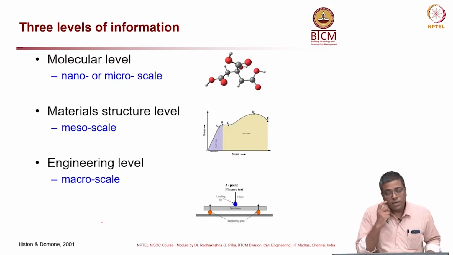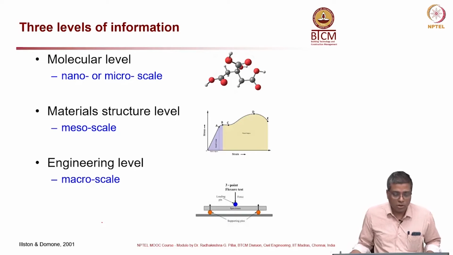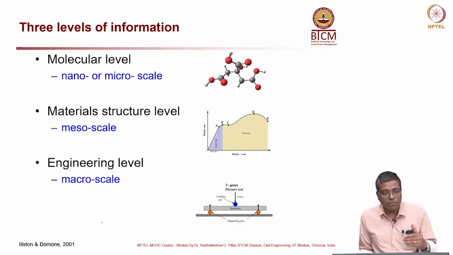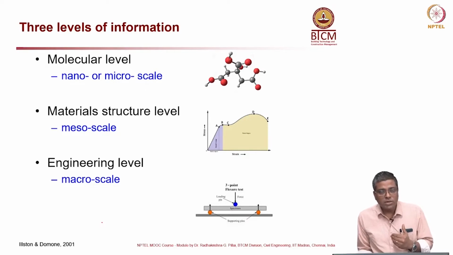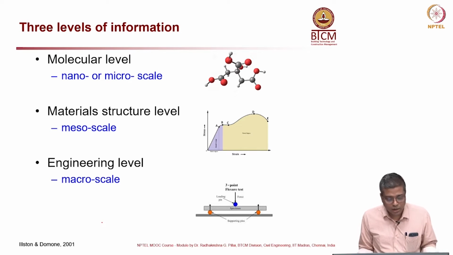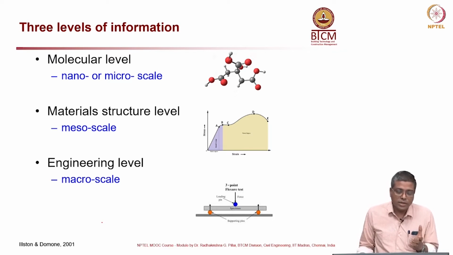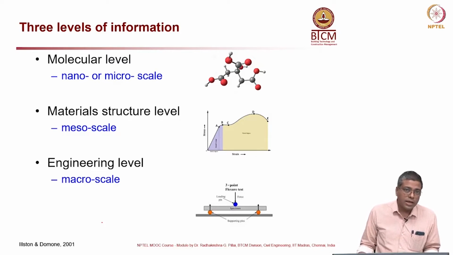Okay. Now, what are the three levels of information we talk about? When you talk about materials, especially in construction, I am going to talk about three levels. One is the information available at the molecular level, which we can say is even nano or micro level information. The next one is material structure level information, not the engineering structure, but the material structure level information, which we can say is mesoscale.